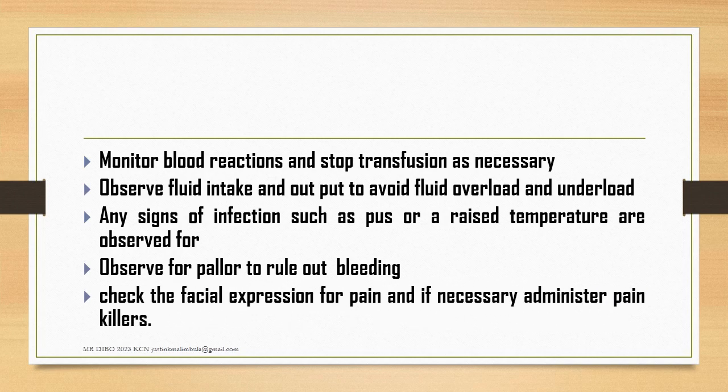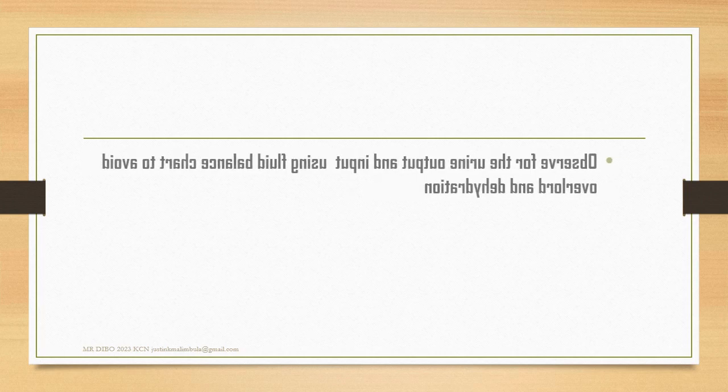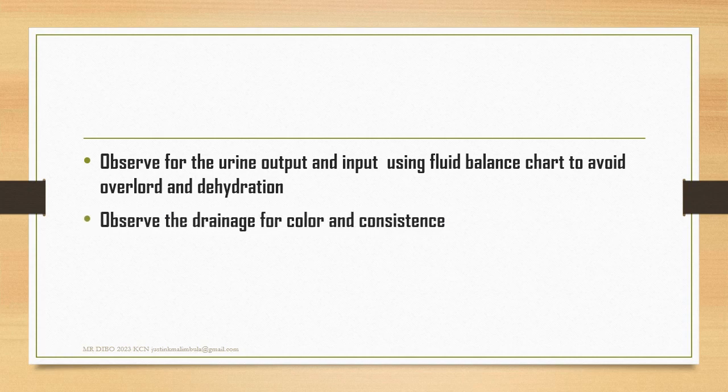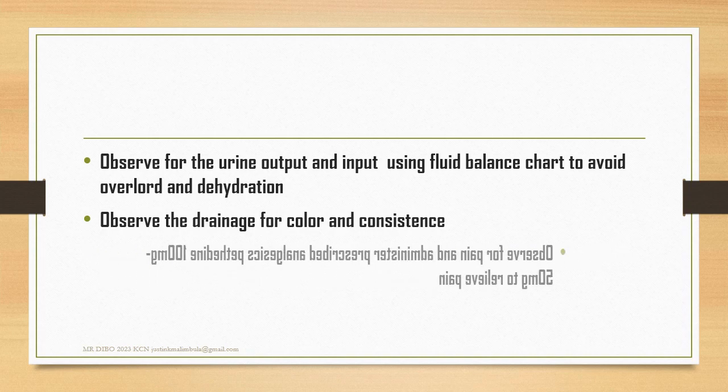Then observe for any signs of infection such as pus or raised temperatures. Then observe for pallor to rule out bleeding and make sure that you check the facial expression for pain. If necessary, administer painkillers or analgesics. Okay.